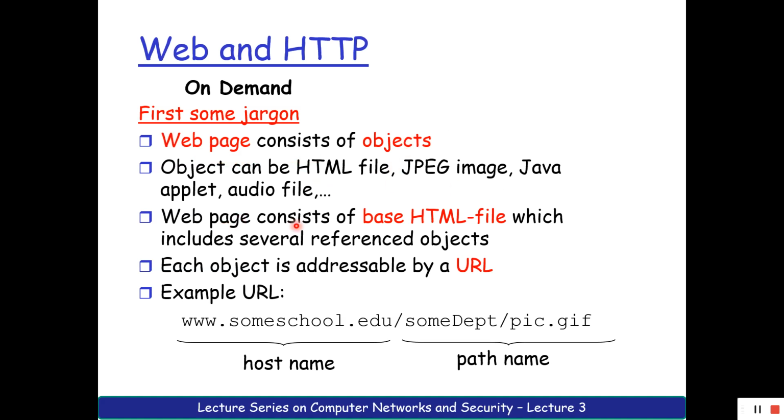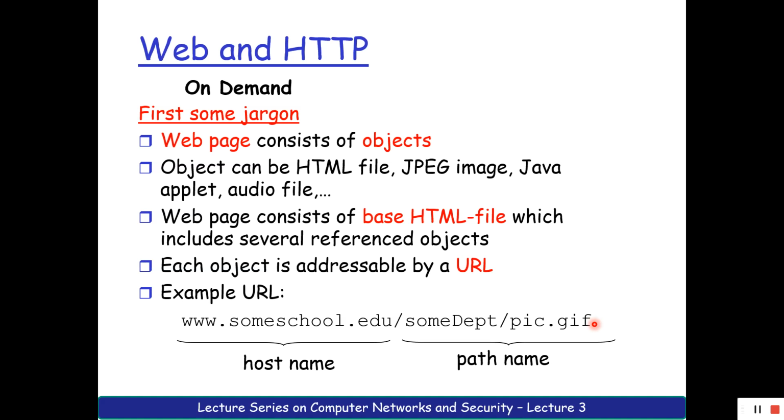Whenever you have a web page, there is a basic HTML file, and that HTML file is full of objects. Every object has its own URL so that it can be addressed. And this URL is divided into two parts. The first part of the URL, until the first slash occurs, is called the host name. And the second part of the URL, we call the path name.